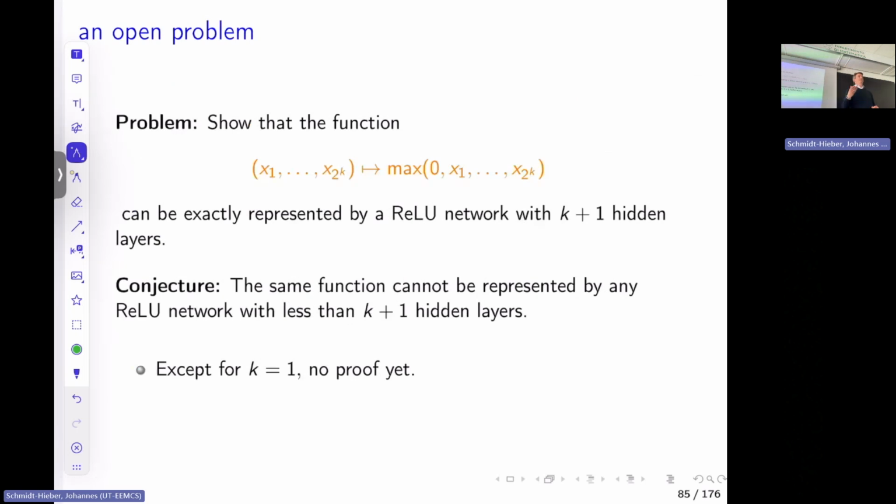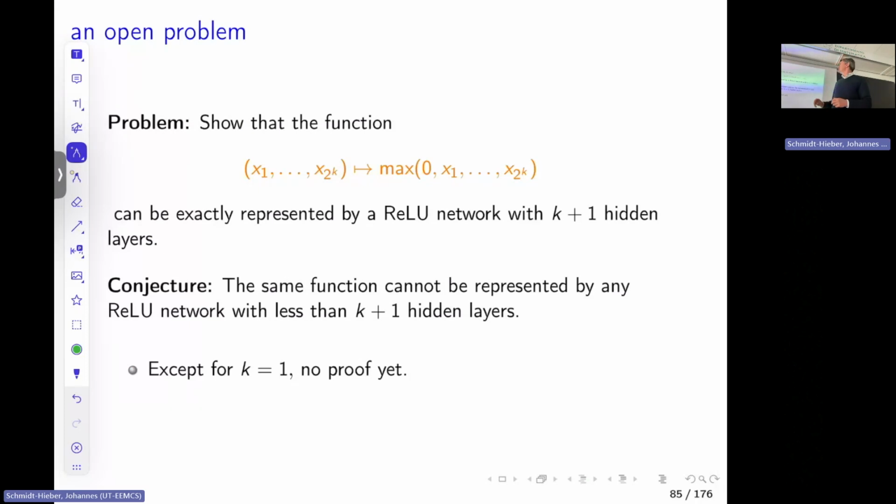Here's one thing, if you're bored by my talk, you can solve a conjecture, and this is the maximum function, which is also piecewise linear. Say you get 2 to the k inputs, and you want to compute the maximum of 0 and these 2 to the k inputs. Then it's quite easy to show that you can do that with k+1 hidden layers.